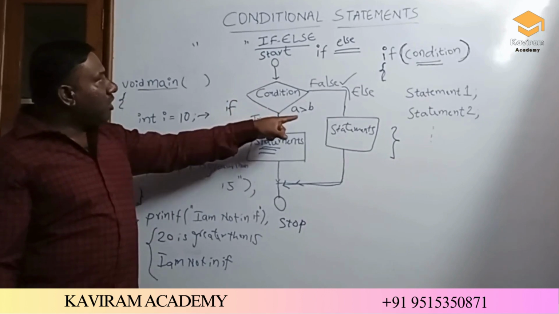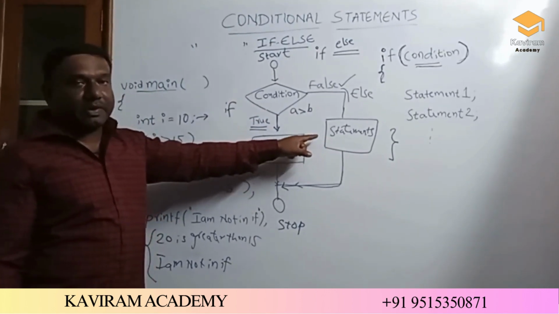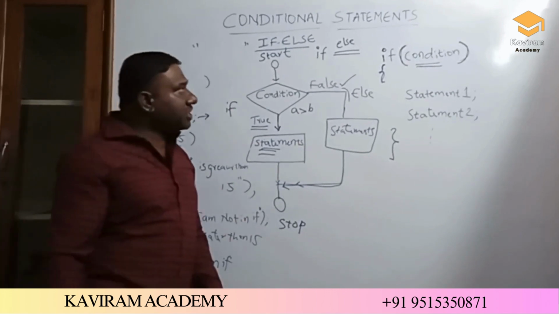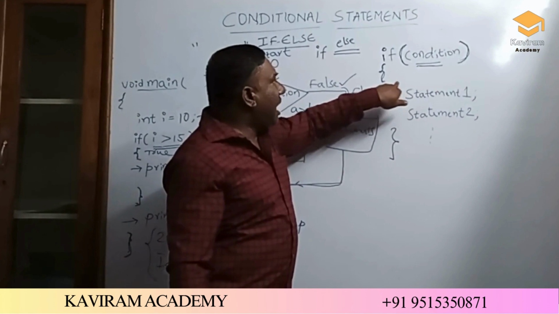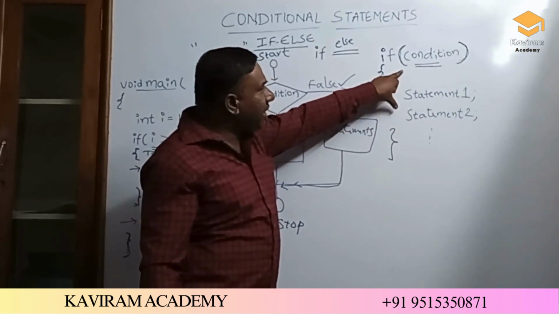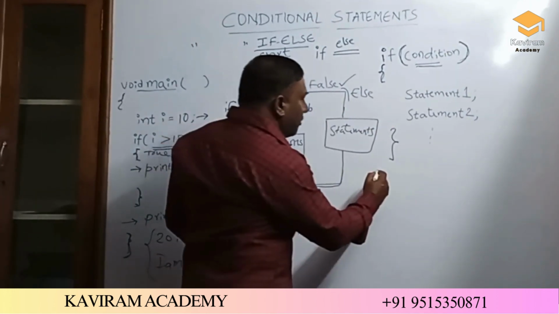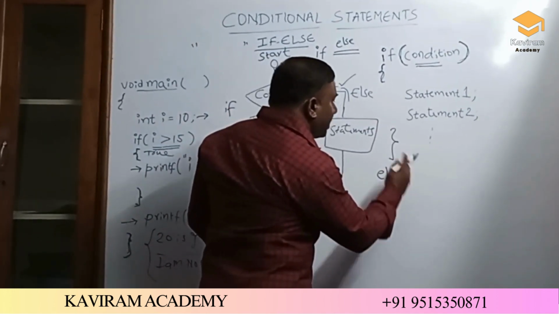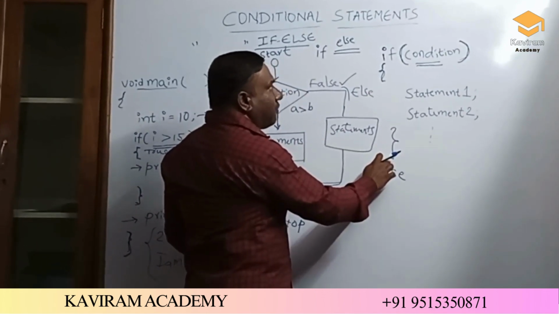In else, if the condition is false, it is going to execute the statements that are present in the else. So let's see the structure. The if structure we have seen: the condition, and whatever statements are present here will be executed if the condition is satisfied. Similarly, in if else, we have else after the end of the flower bracket for the if.